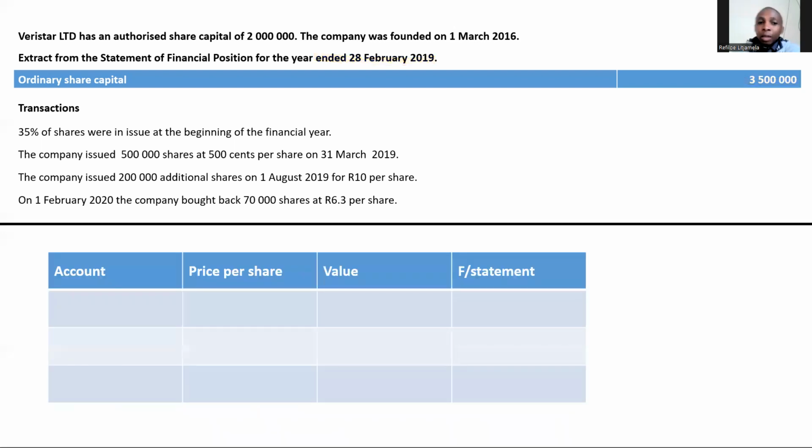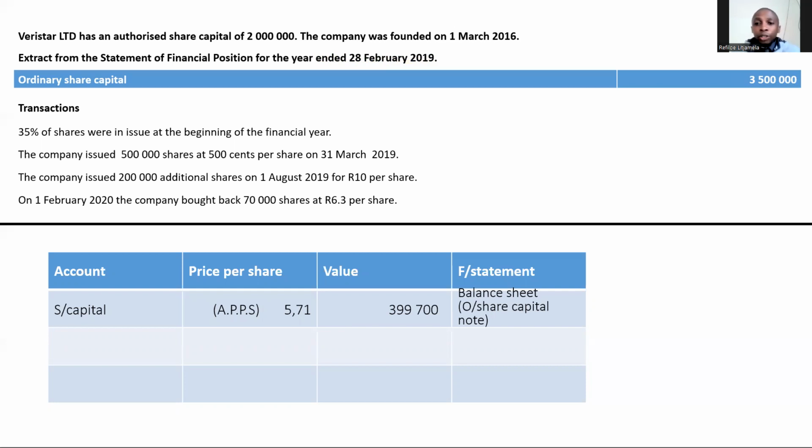Now prepare the table that tells you which amount will go where. We'll start with your share capital. The cost of your original shares that you received from the shareholders was 5.71. Multiply this by the number of shares that were bought back. It'll give you the value, which will simply be 399,700, your ordinary share capital. You will go to your ordinary share capital note and put it in brackets.